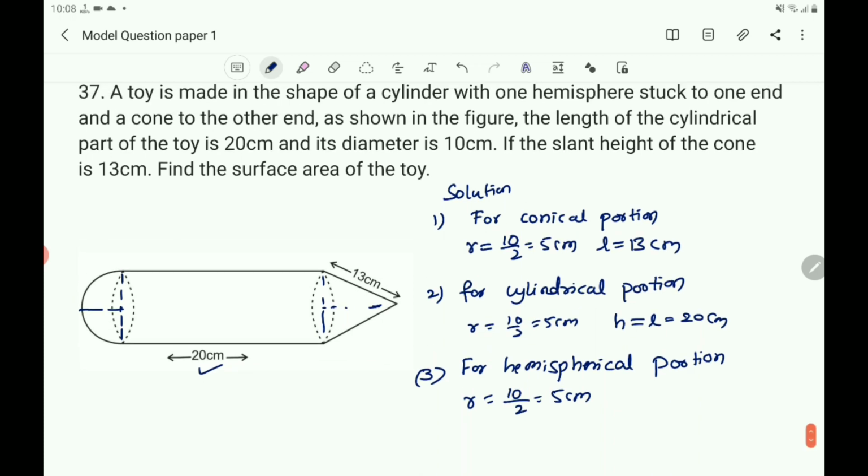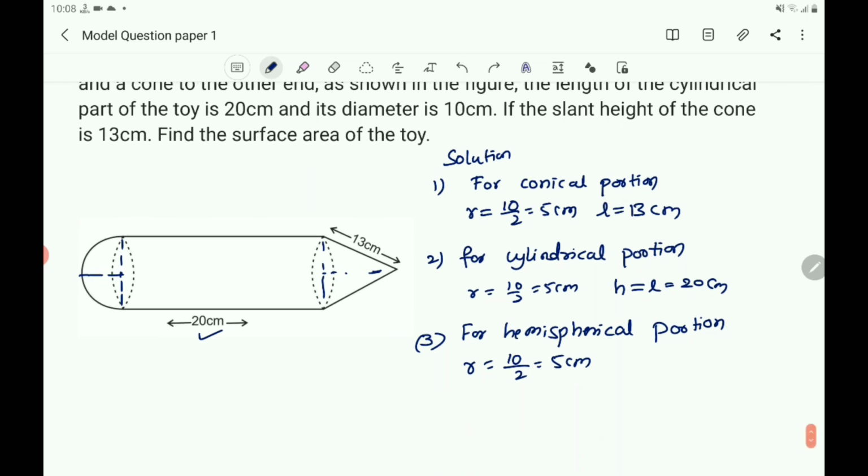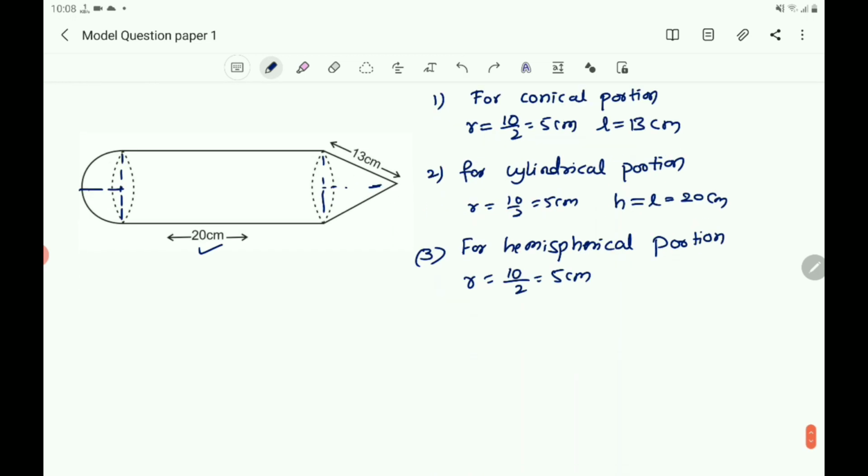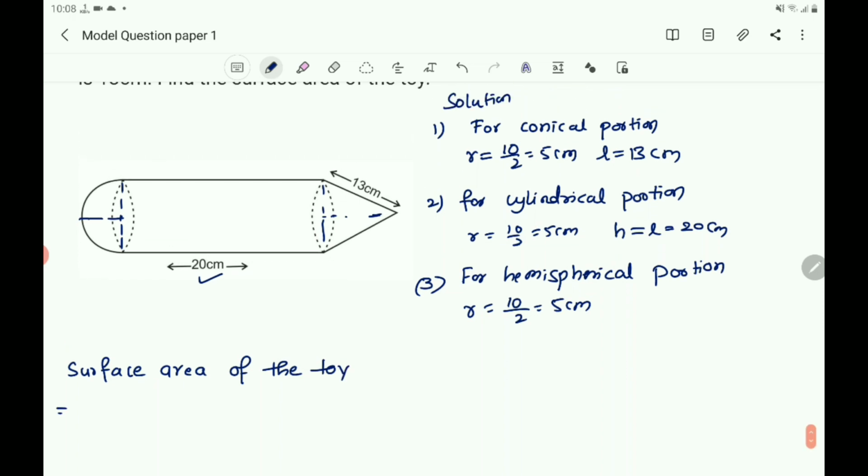Now here the question is find the surface area of the toy. We know that surface area of the toy equals, here 3 parts.